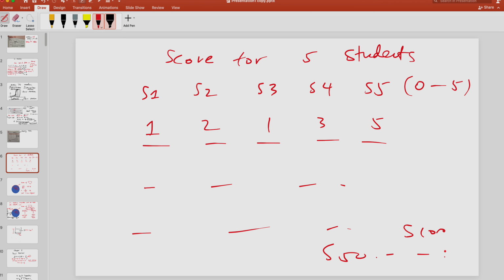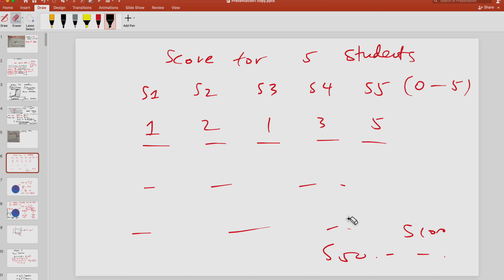And if I ask you to find the average of 100 students, how are you going to do it? You press the calculator 100 times: 1 plus 1 plus 2 plus 3 plus 5, 100 times, right? It's quite meaningless, and it takes a lot of time.